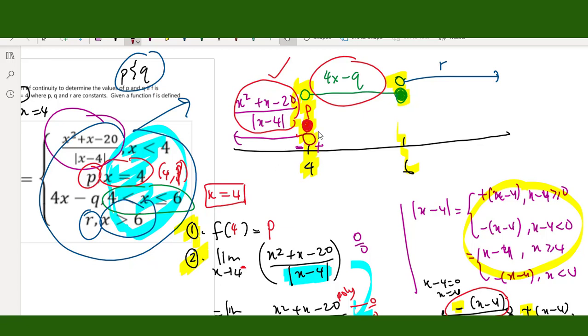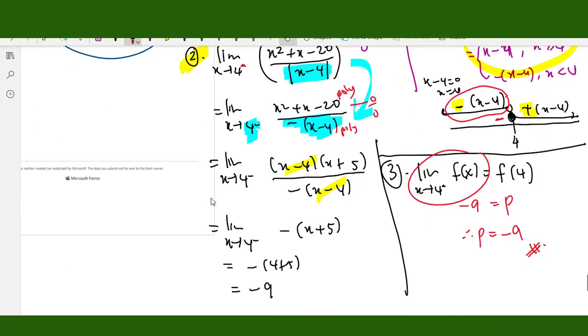Still we consider when x is equal to 4, because if you consider x equal to 6, r is unknown and we don't know the value. So better stick to x equal to 4 on the right hand side. Follow the 3 steps, like the first one to find p.